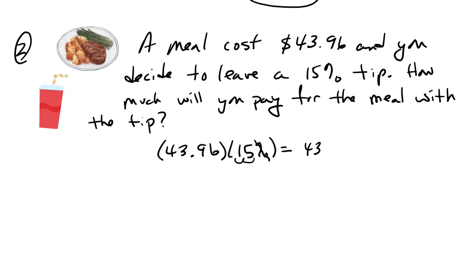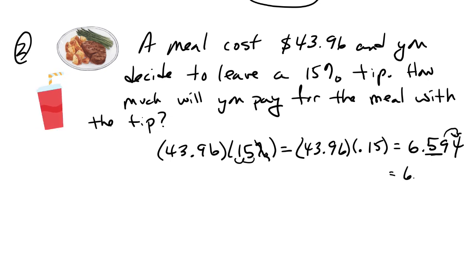We get $43.96 times 0.15. When we multiply 43.96 times 0.15, we get 6.594. We're talking about money, so we're rounding to the nearest hundredth. The 4 tells us keep the 9, so we round this to $6.59.